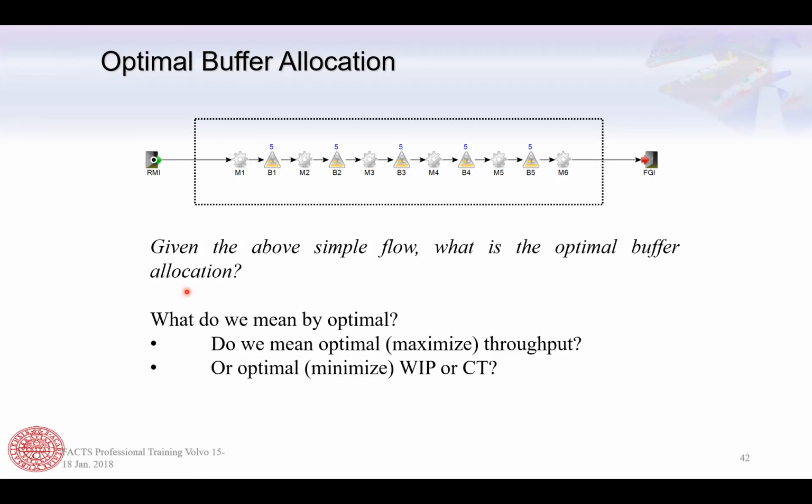And this problem, even though deceptively simple, is practically very important, especially when we work with discrete manufacturing. If you work with the process industry, then you don't need to bother about the buffer, the warehouse, or inventory in between.